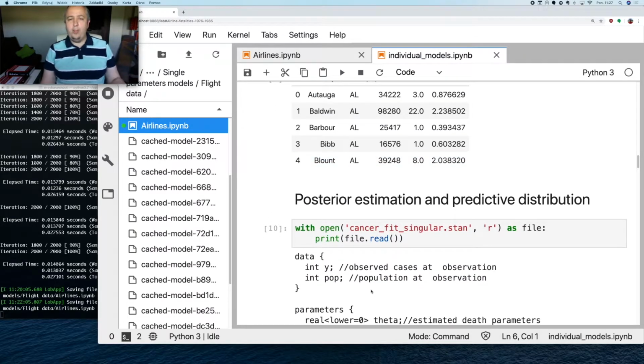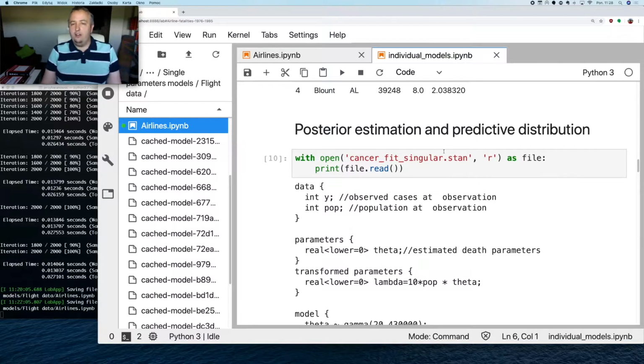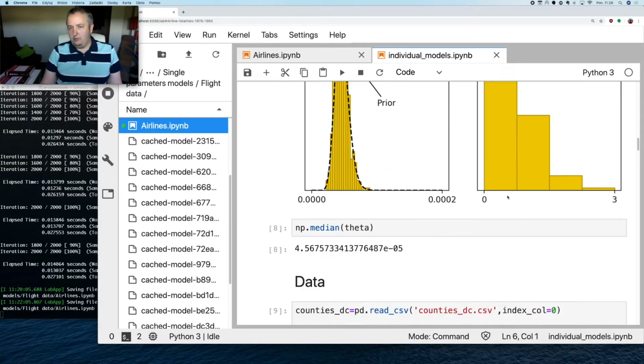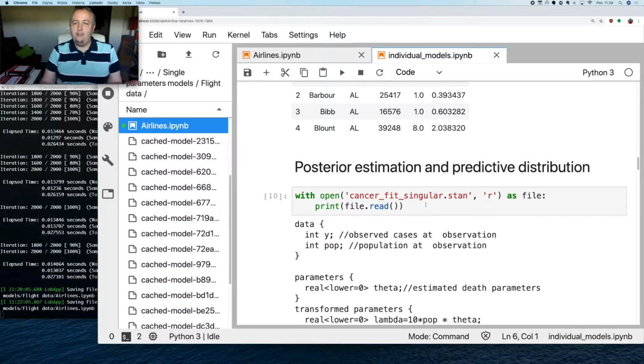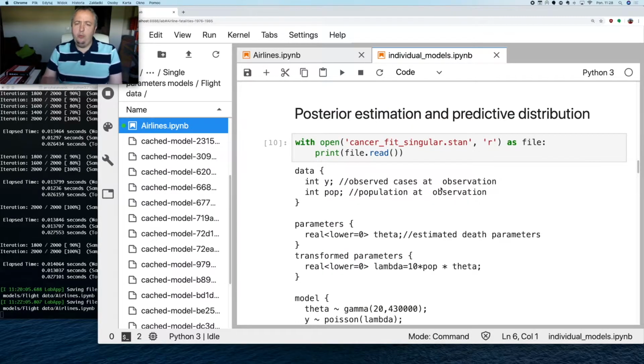And we are starting our work again with the prior. We did our prior distribution for a single experimental town, so let's do it for our posterior estimation. So we have our model. We have the observed cases at each observation of each county, and the population of each county.